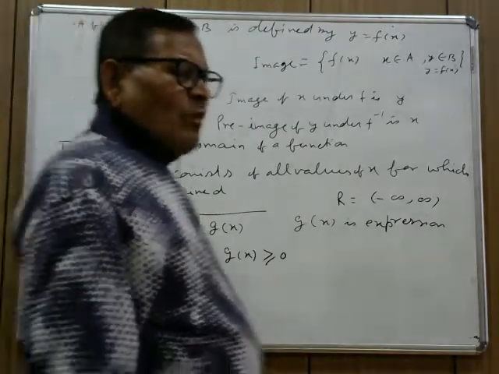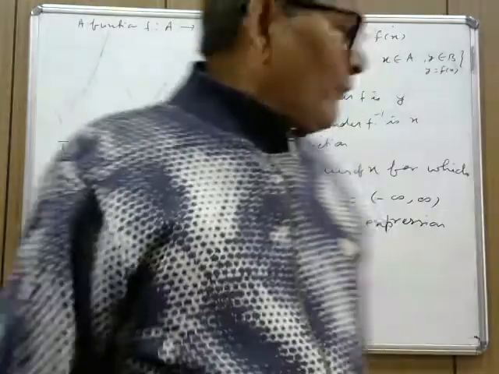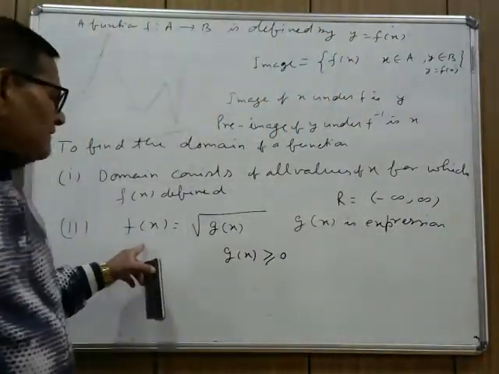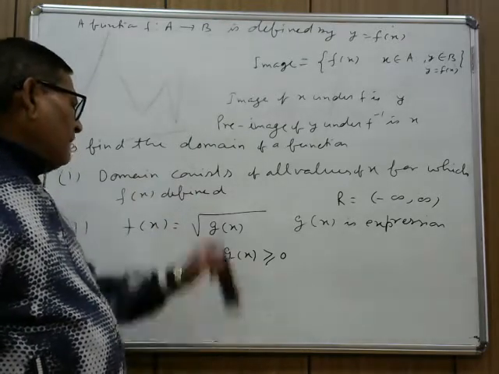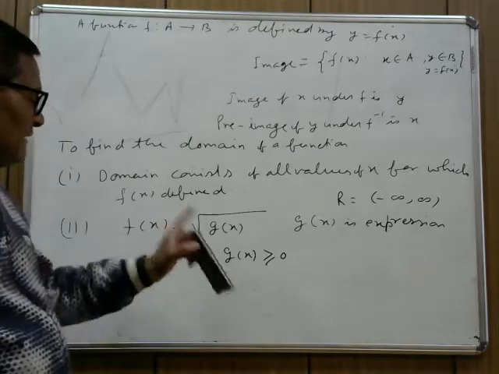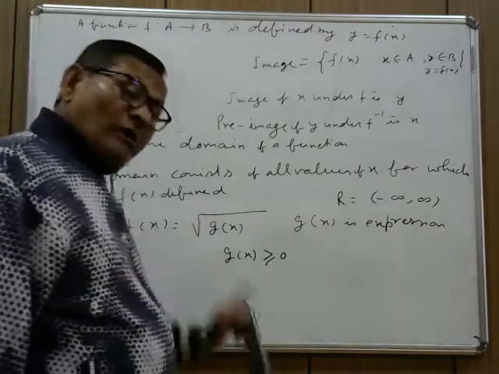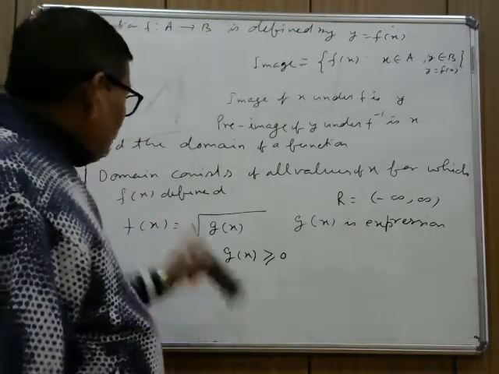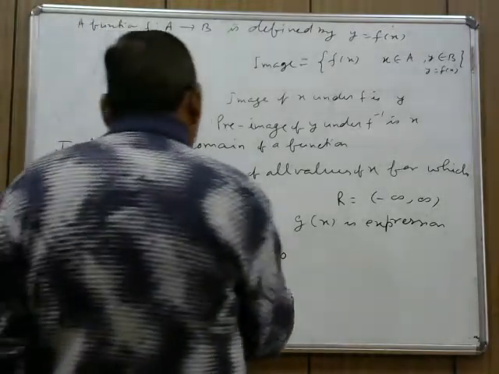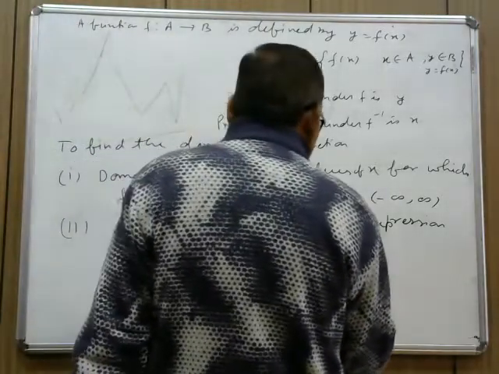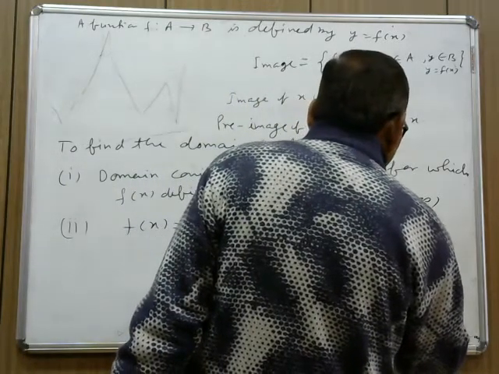Because the square root of a negative real number is not defined, it is not real. You can find the square root of 0, it is 0, and you can find the square root of a positive real number. So g(x) is greater than or equal to 0, then f(x) is defined.